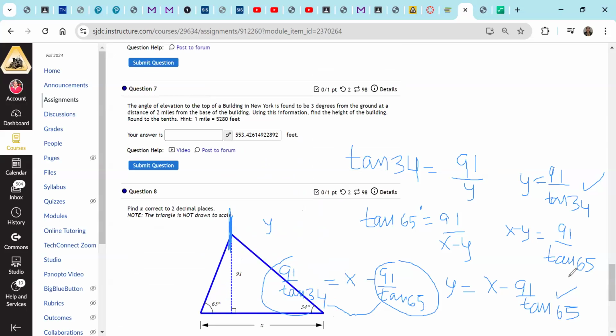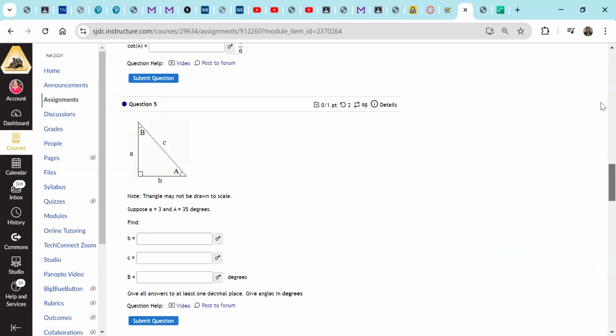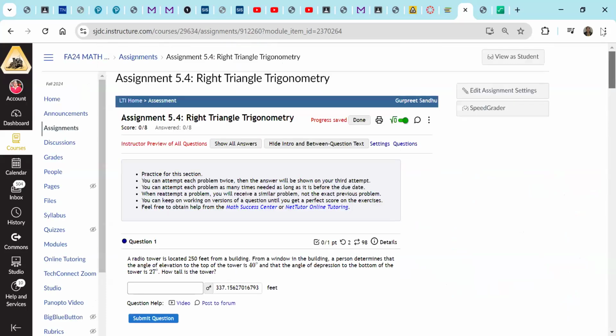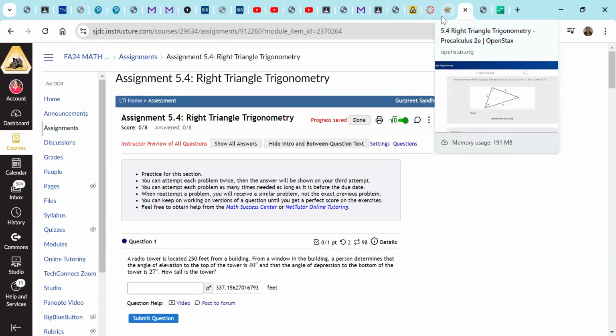So that was your section 5.4. And each and every question has a worked example or detailed solution available along with our discussion on this section. 5.3 and 5.4, I highly recommend you get done by the next meeting. And our quiz and the review is also open. So if you go ahead and try those, then I will reflect back on the review in our next meeting.